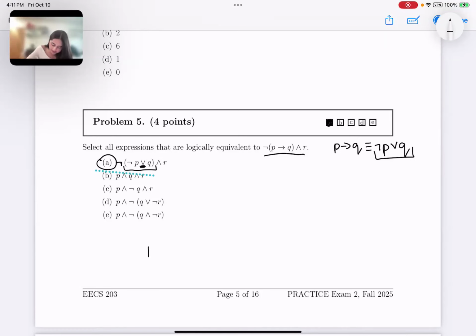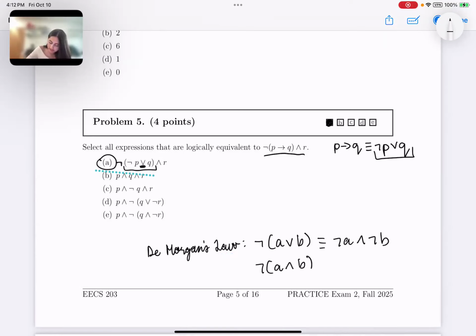Just as a recap, De Morgan's law is if you're negating A or B, you're going to get not A and not B. If you're negating A and B, you're going to get not A or not B.